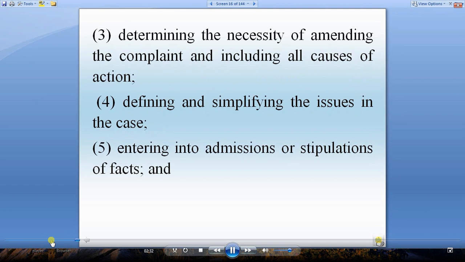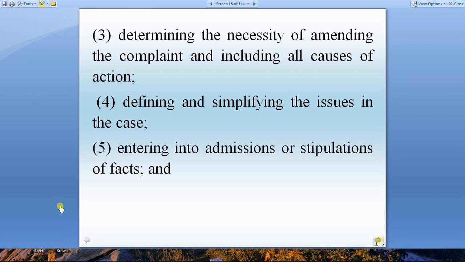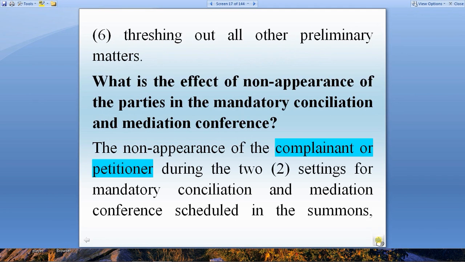Determining the necessity of amending the complaint and including all causes of action. Defining and simplifying the issues in the case. Entering into admissions or stipulations of facts. And threshing out all other preliminary matters.